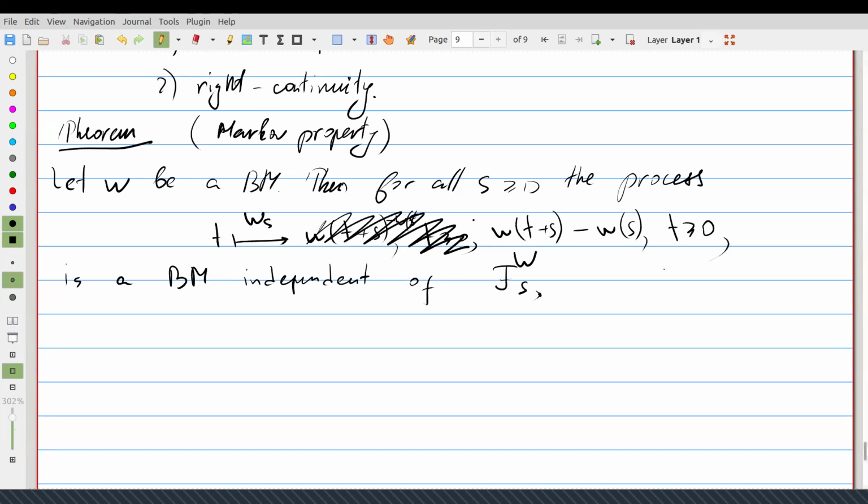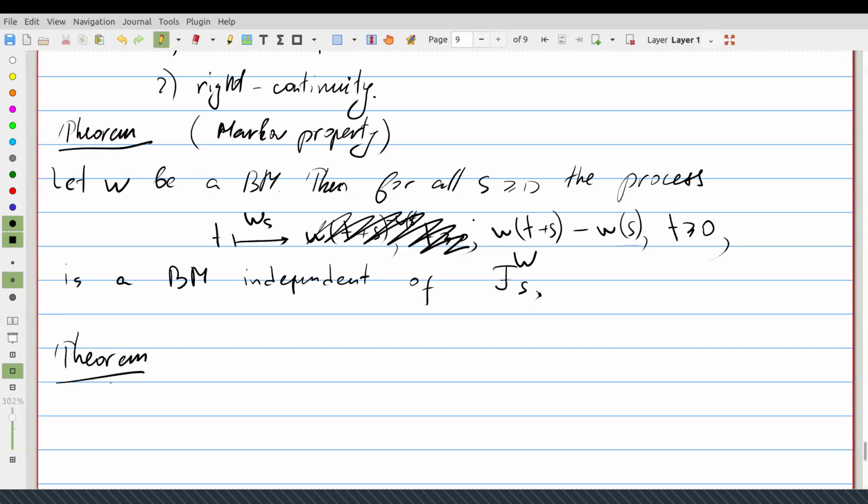Stop the Wiener process at a fixed time s. We again get a Wiener process. You should know that it is very easy to check just using Gaussian properties of the Wiener process, because everything that happens after is a Gaussian variable independent of the value of W_s and everything that happens before. So I assume we know that.